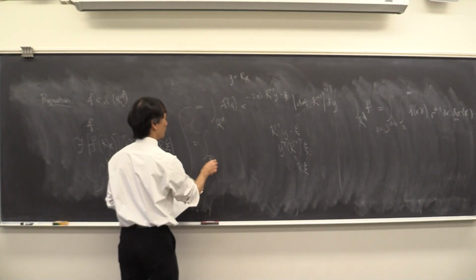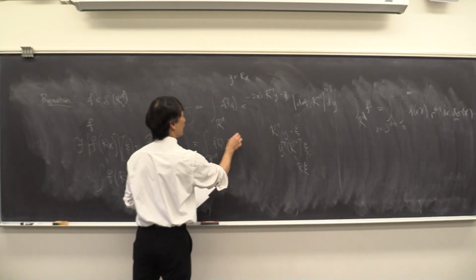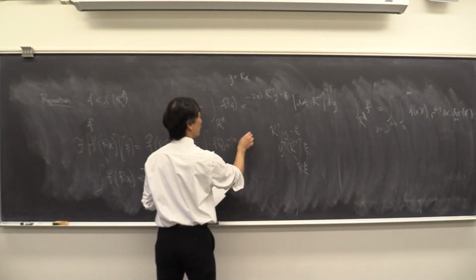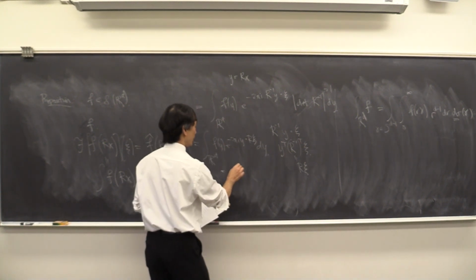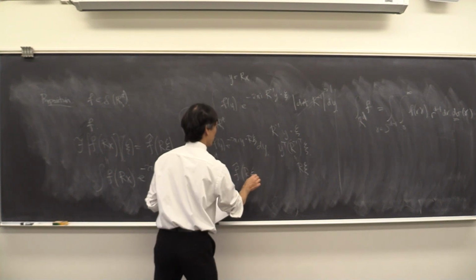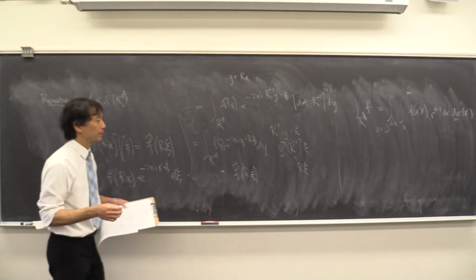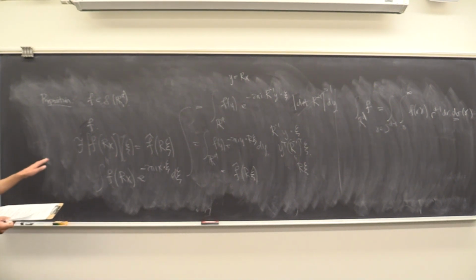So you get the integral of f(y) e^(-2 pi i y dot R xi) dy, which is the Fourier transform at R of xi. Okay. And this property is going to be useful when we talk about the Radon transform.